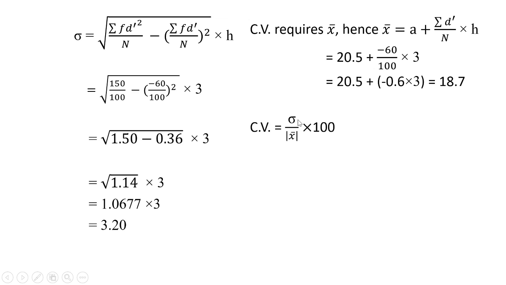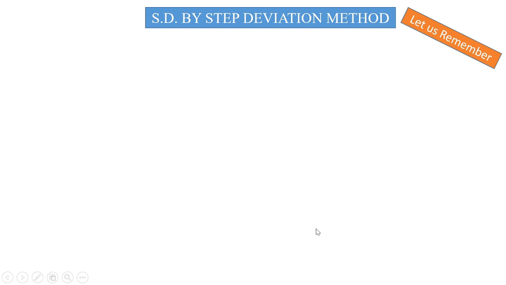Then CV is equal to sigma divided by mod x bar into 100. Put these values: sigma is 3.20, x bar is 18.7, into 100, that is CV is equal to 17.11. So sigma is equal to 3.20 and CV is equal to 17.11.